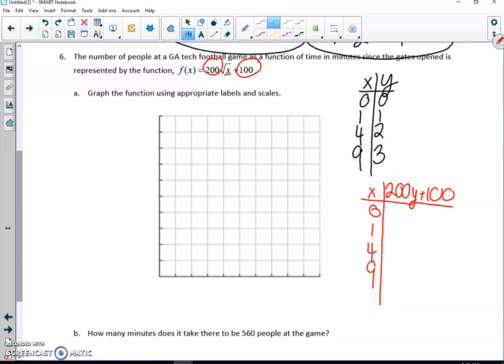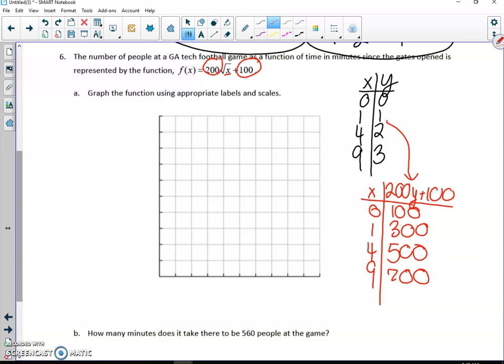Okay, so if we plug in our y values here, we'll have 200 times 0, that's 0, plus 100 is 100. 200 times 1 is 200, plus 100 is 300. 2 times 200 is 400, plus 100 is 500. And then last, 3 times 200 is 600, plus 100 is 700.